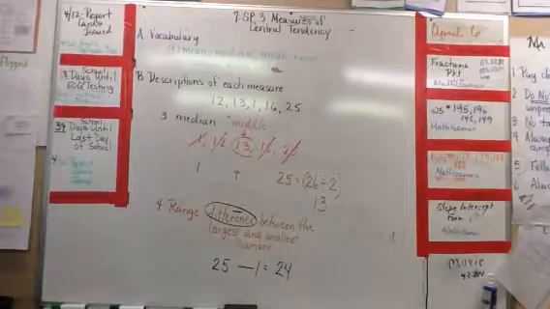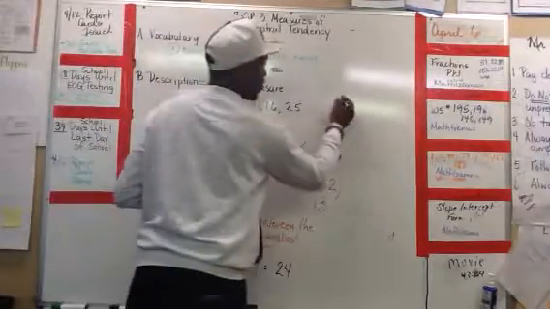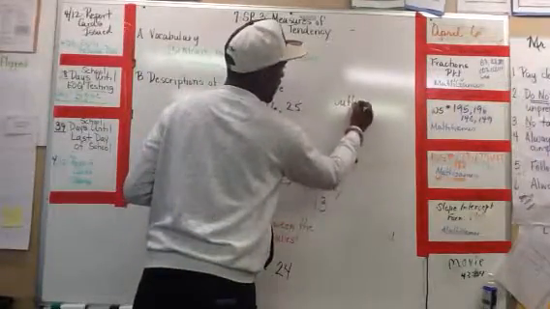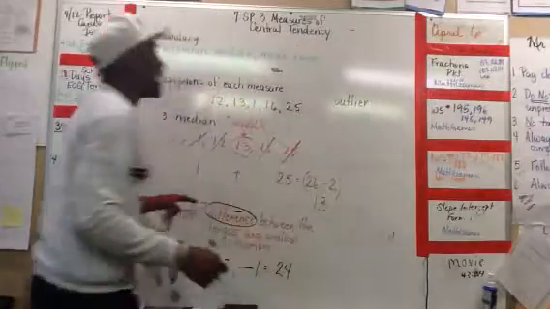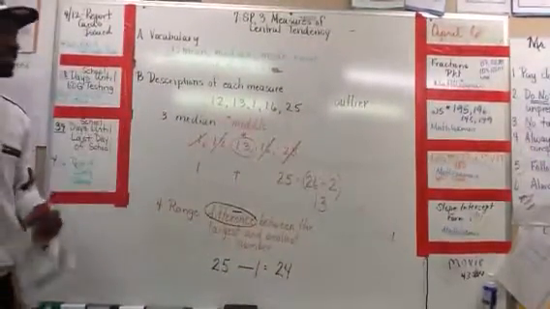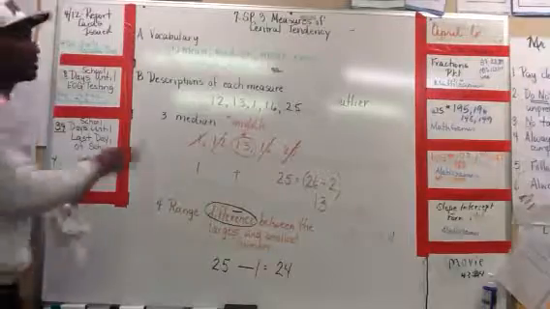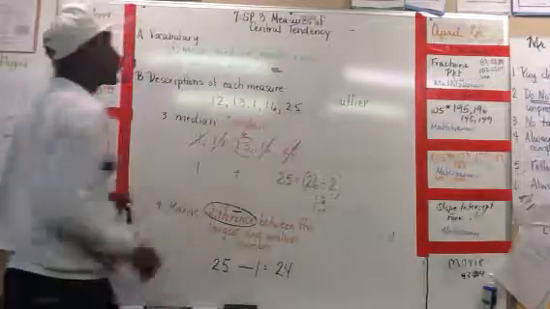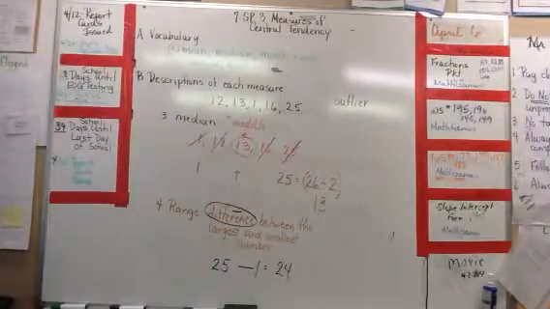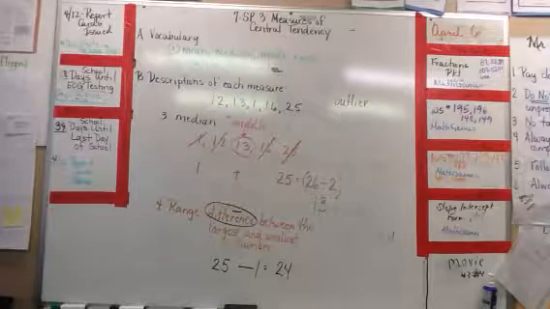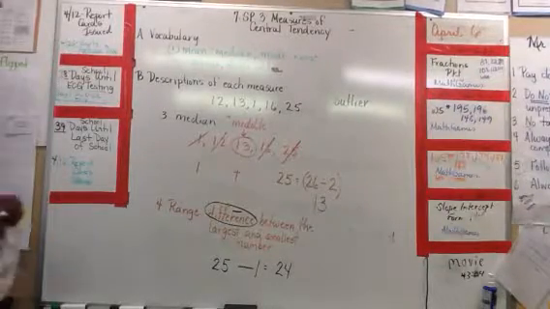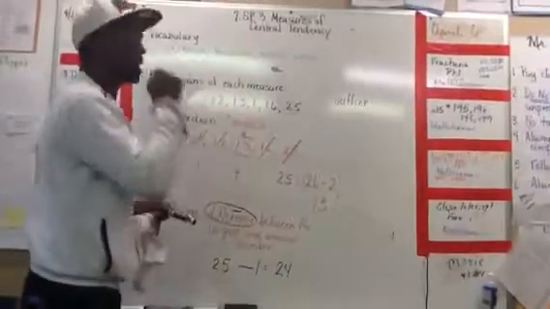There's one more term that I'd like to identify because there is an outlier in this data set. When I look at the numbers 12, 13, 16, and 25, which one looks like it has no place in that data set? The 1. To begin with, it's not double digit.